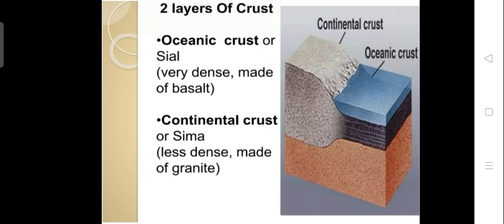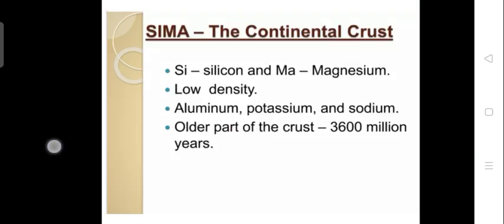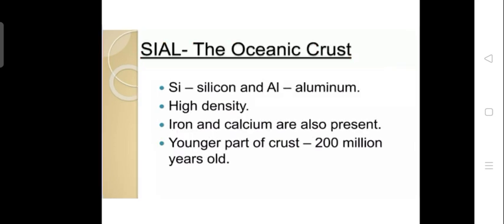First, oceanic crust is very dense and made of basalt rock. Continental crust is less dense and made of granite. The oceanic crust has a depth of 38 kilometers, and the continental crust has a depth of 5 to 15 kilometers. Sial has the highest density, and it also has iron and calcium, and it is the youngest part of the crust, about 200 million years old.